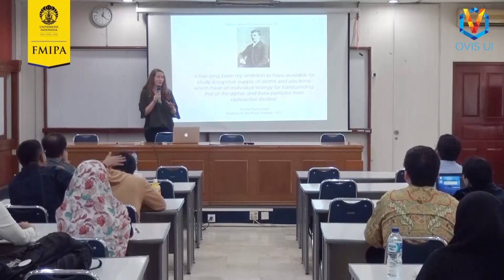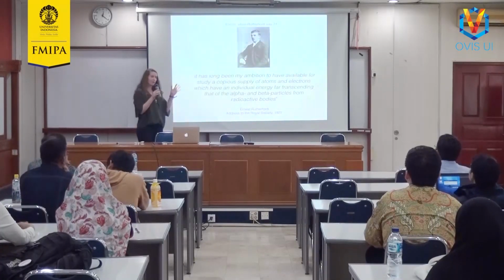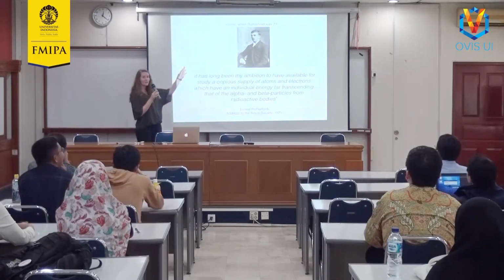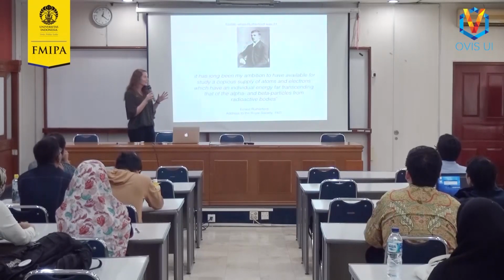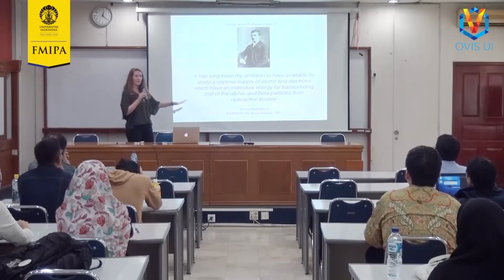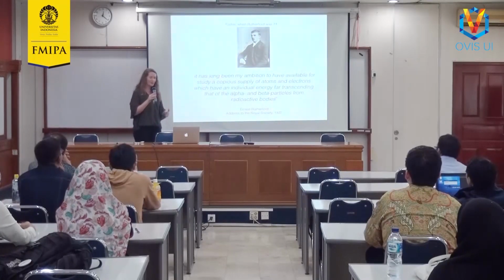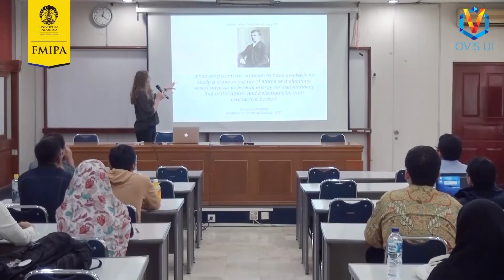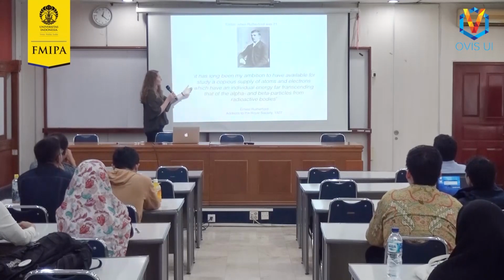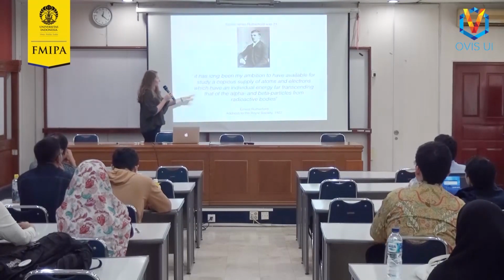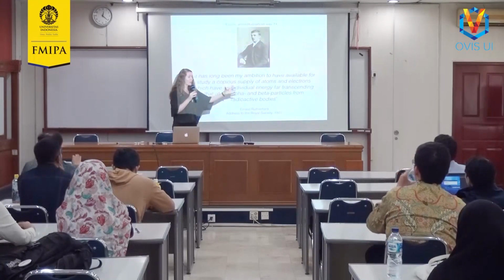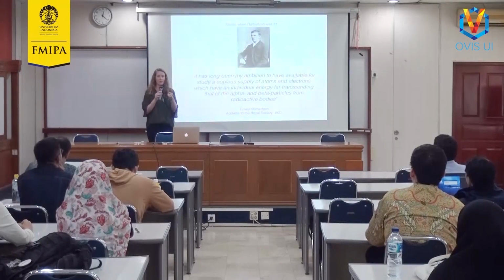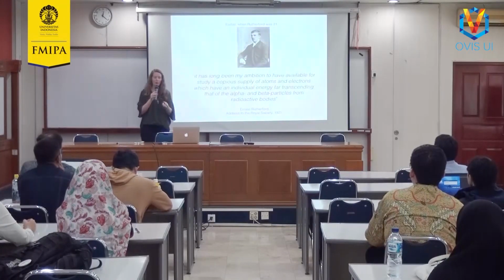So in 1927, Ernest Rutherford, who I've mentioned already, he's from New Zealand, by the way, because he wasn't British originally, made this speech at the Royal Society, who is a big organisation in London who now fund my research. And he said it has been his ambition to have available for study a supply of atoms and electrons which have an energy far greater than the energy from the alpha and beta sources that they've been working with before.